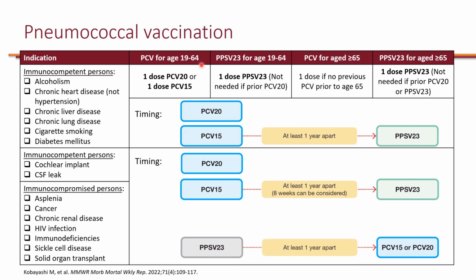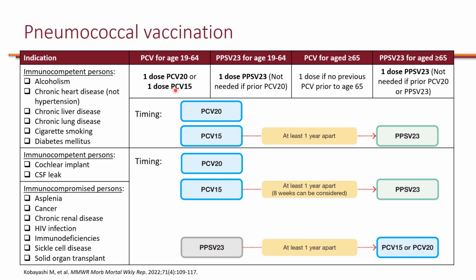So between the age of 19 to 64, it is recommended for these individuals who have any of these risk factors to receive 1 dose of PCV20, or they can choose to get 1 dose of PCV15. So it doesn't matter which PCV vaccine they get. These are very effective. It's important to prevent invasive and non-invasive pneumococcal infection in these individuals.